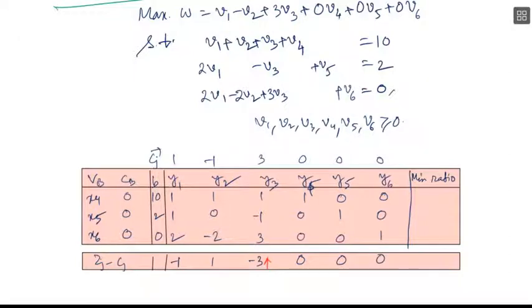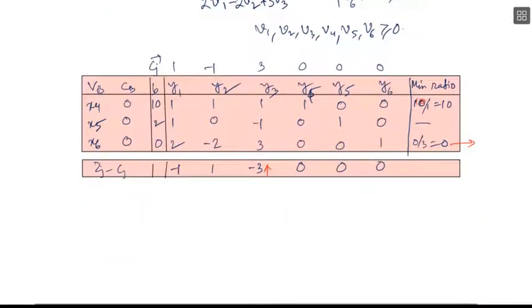To determine the outgoing variable, we have to find the ratios. 10 by 1 equals 10, then it is negative, we won't count, and the third one is 0 by 3, that is 0. So the last one, that is x6, will leave the basis and x3 will enter into the basis, and 3 is the key element.